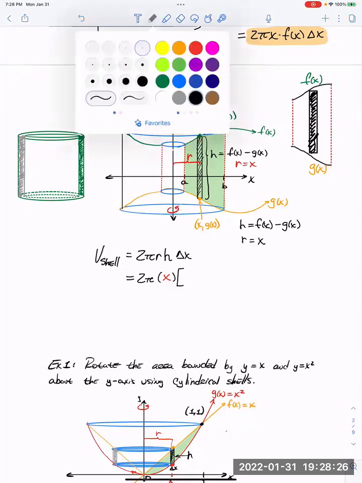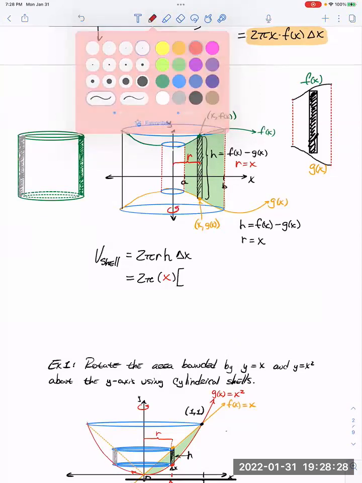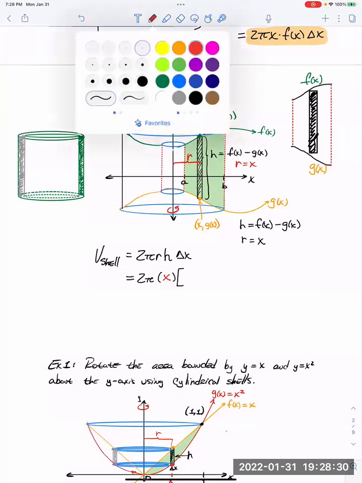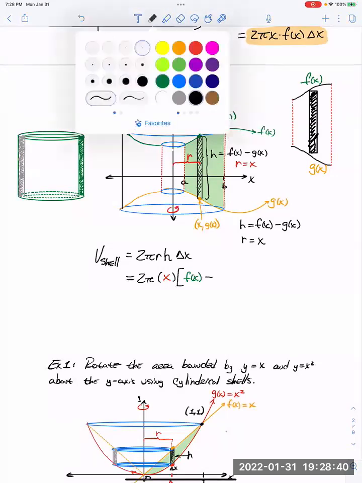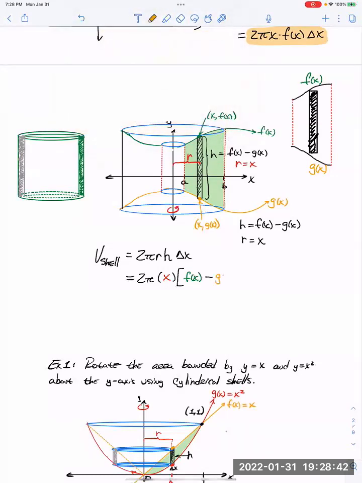Our larger function on this interval is f of x, and we subtract our smaller function, g of x. There's our height.